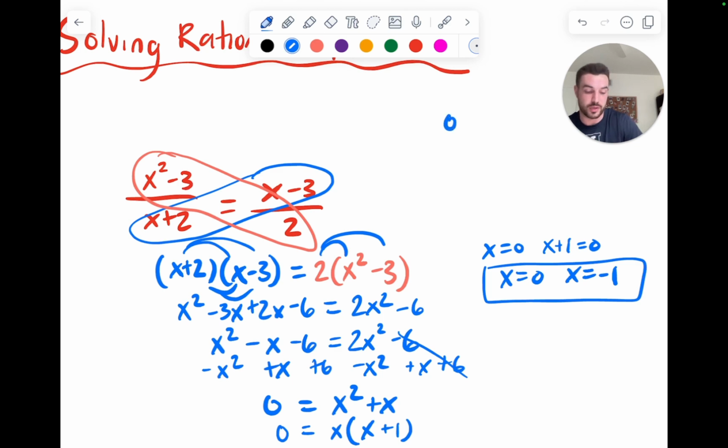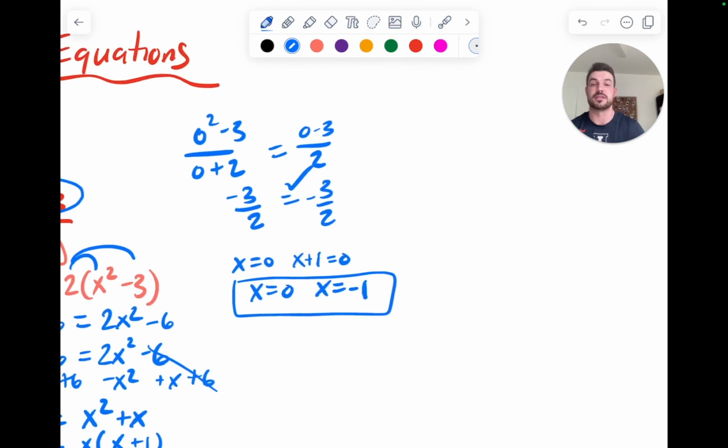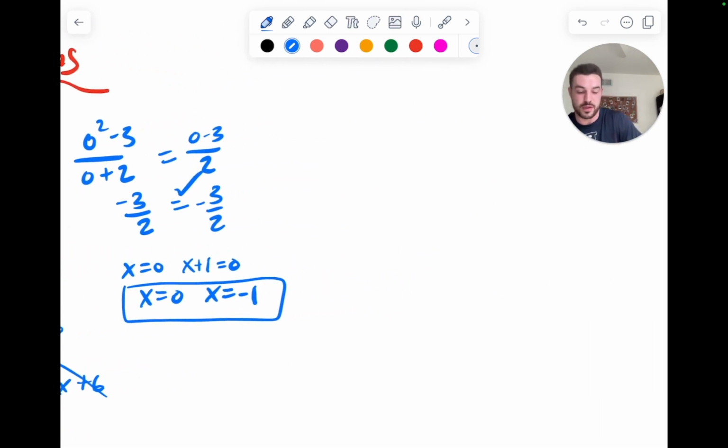So first, I'll plug in 0. And I'll end up with negative 3 over 2 equals negative 3 over 2, which is correct. That means 0 checks out and 0 is a solution. Now, I'm going to do the same thing with negative 1.